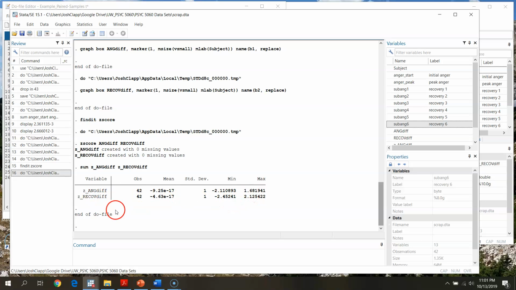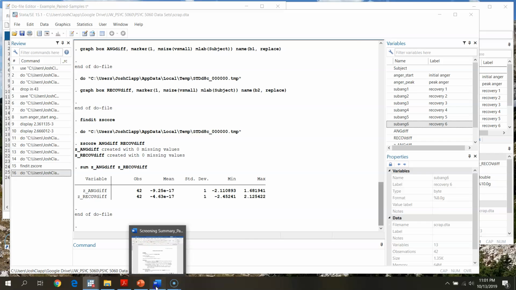Something similar with recovery differences. We see anywhere from about 2.5 standard deviations below the mean to a little over 2 standard deviations above. But again, consistent with everything that we saw in our graphs, nothing that would indicate problems in terms of extreme values, at least based on these data.